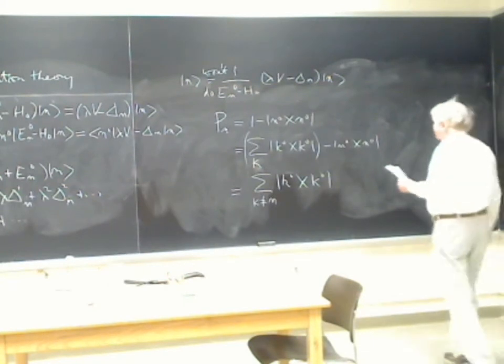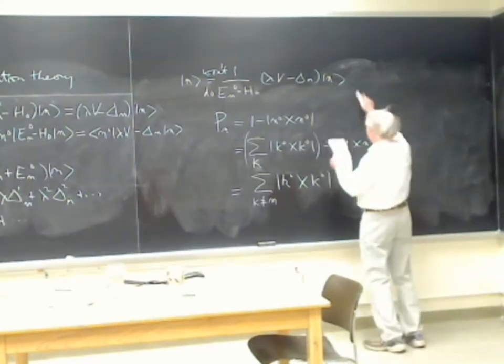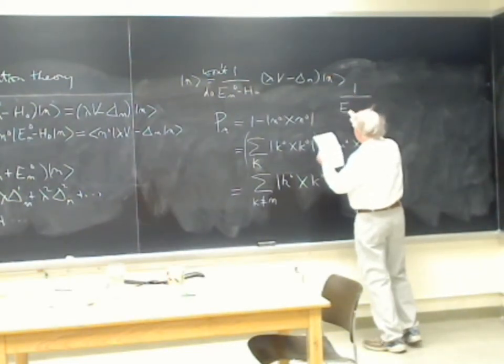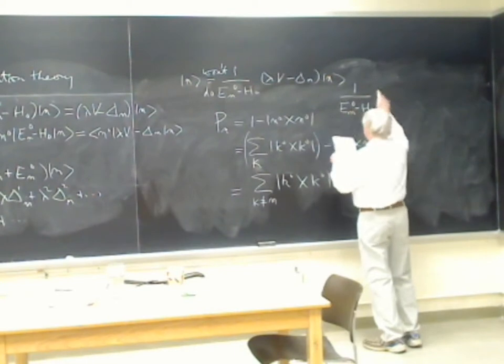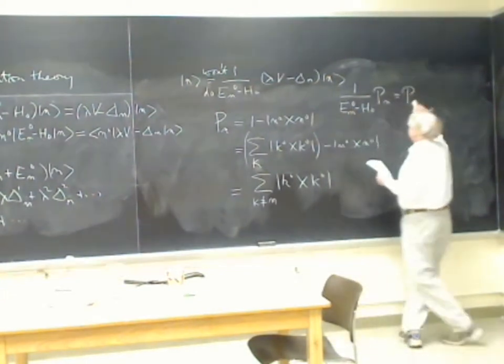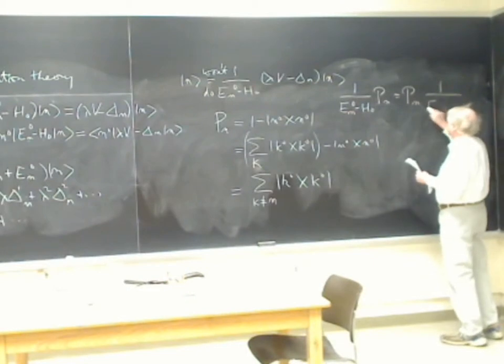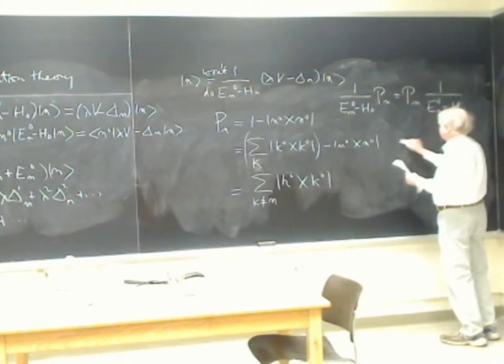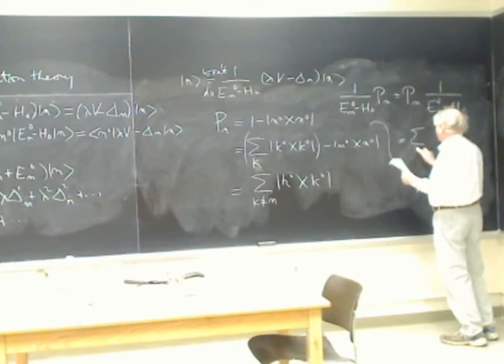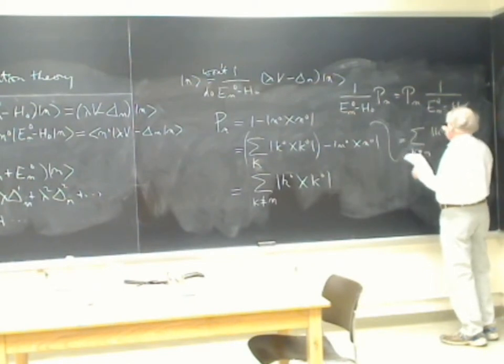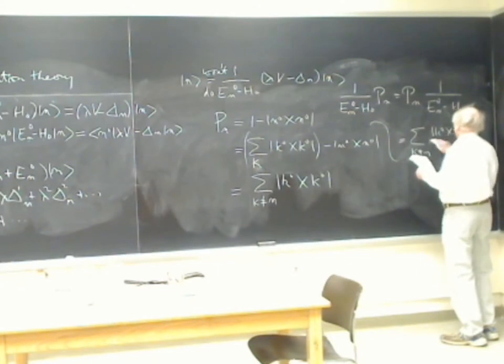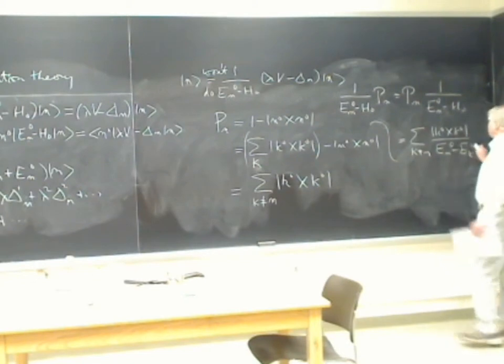And that projection operator then behaves like this. 1 over En0 minus H0 Pn is the same thing as Pn 1 over En0 minus H0, and it is just the sum over k not equal to n of k0, k0 over En0 minus Ek0.